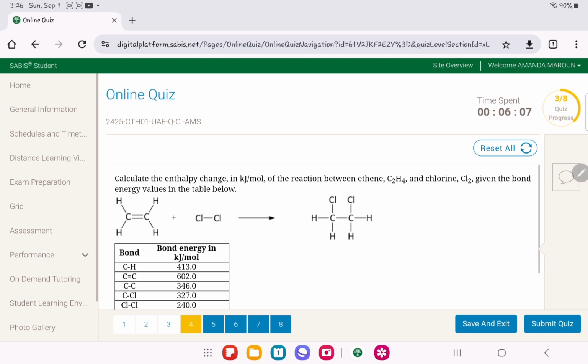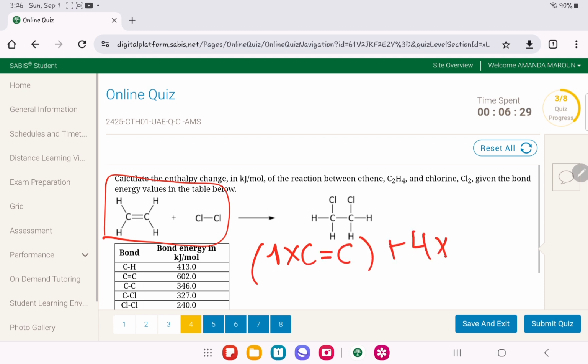Question number 4. Calculate the enthalpy change. As we said before, the enthalpy change, it is what? The heat of the reactants minus the product. So first of all, let us find the heat of the reactants. We have 1 double C bond plus 4 CH bonds plus 1 single Cl bond. So what does it mean?